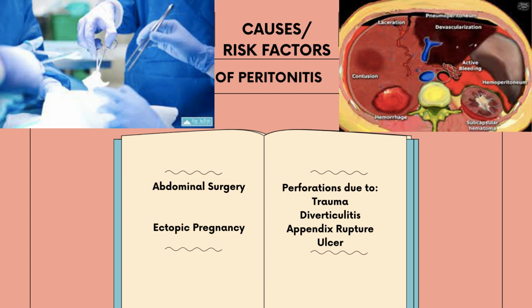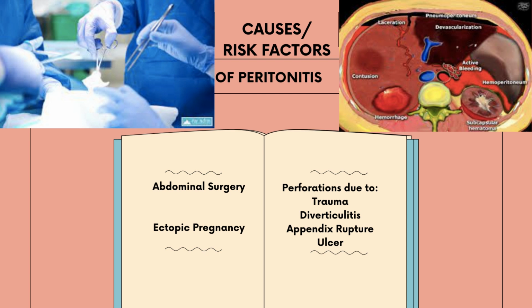Causes of peritonitis and risk factors include abdominal surgery, so any sort of invasive procedure performed in the abdomen can cause an infection there. An ectopic pregnancy can also cause peritonitis. And one of the most likely causes of peritonitis is perforations.